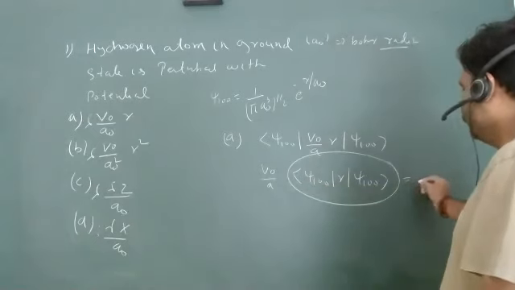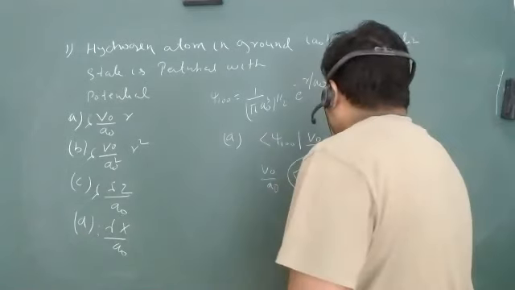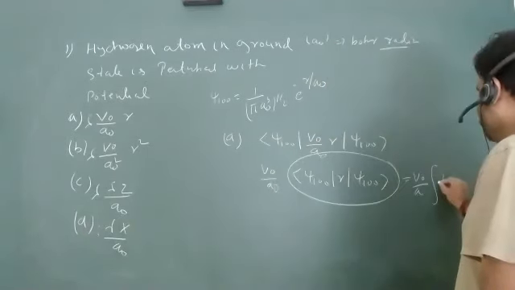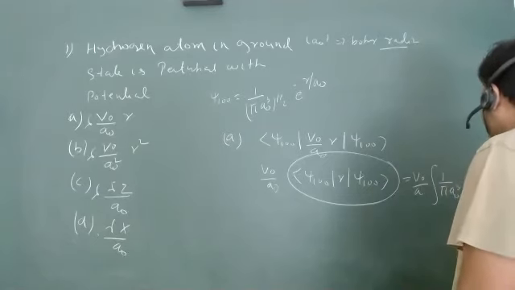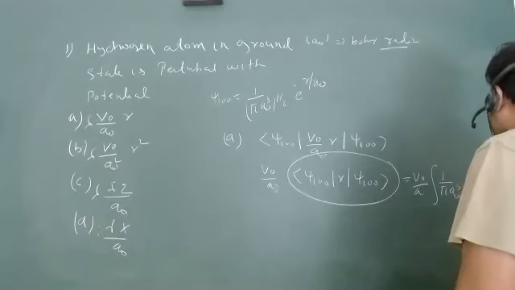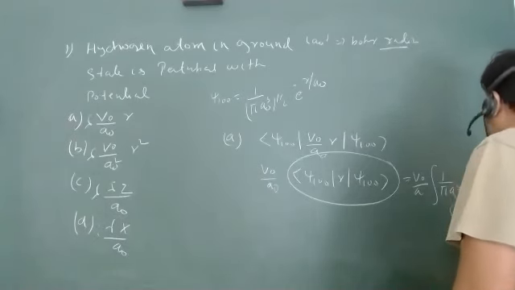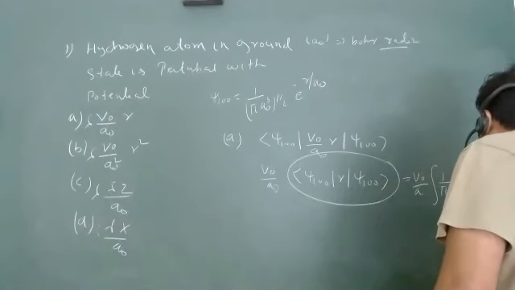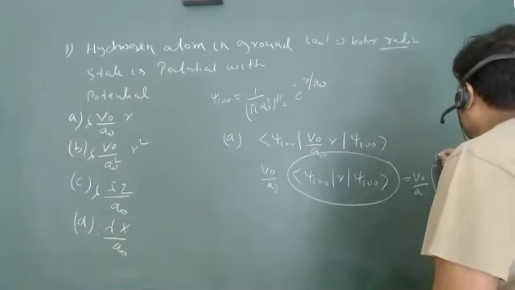If you calculate it, you will calculate V naught by a naught, and you have to calculate 1 upon pi a naught cube, R into e to the power minus 2R upon a naught, R square dr. And you have to also go for sine theta d theta and d phi, with limits 0 to 2 pi, 0 to pi, 0 to infinity.